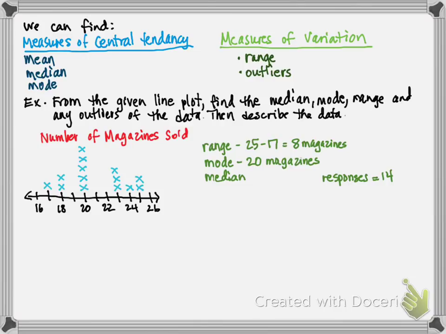So between the 7th and 8th number would be the median. So 1, 2, 3, always from the bottom up. 4, 5, 6, 7. So let's count 1, 2, 3, 4, 5, 6, 7. So here's your median. And the good news, it's between 20 and 20. So we also know it's 20.